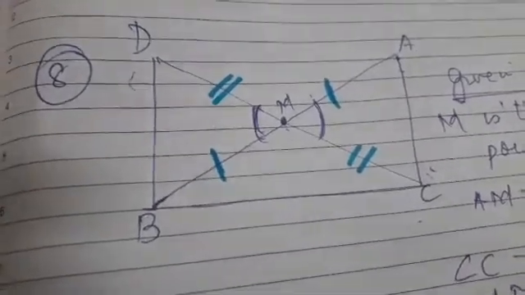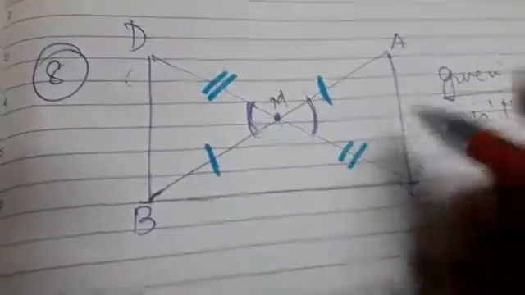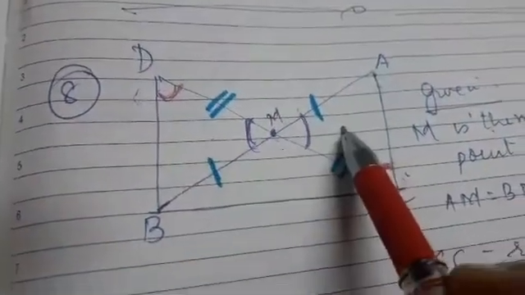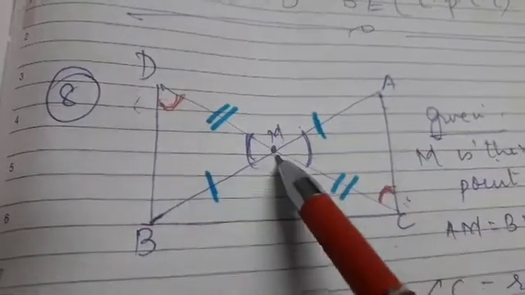Now, we have to prove in the next part that this is a right angle. For that we need alternate interior angles. Now, if I take this angle of one triangle and this angle of the other triangle, these triangles are congruent, and because the corresponding parts are always equal, angle ACM will be equal to BDM.